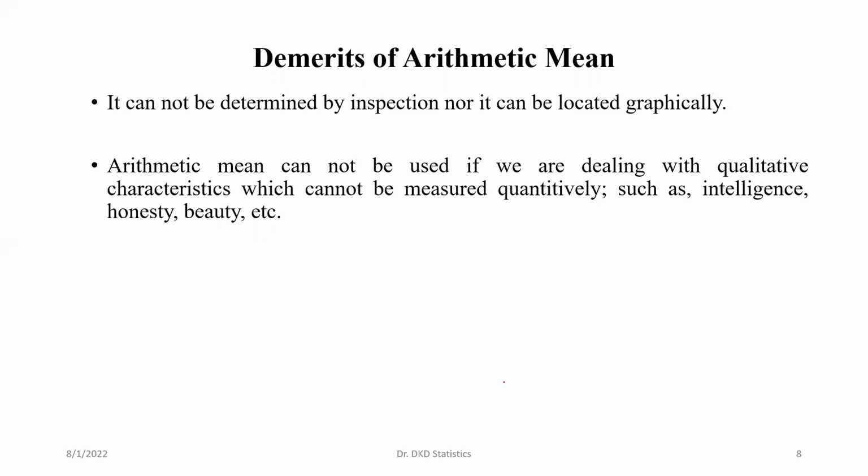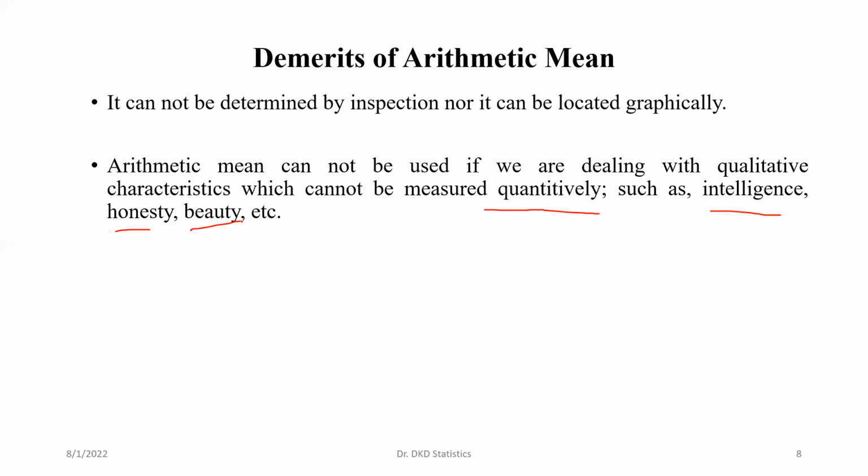Arithmetic mean cannot be used if we are dealing with qualitative characteristics which cannot be measured quantitatively, such as intelligence, honesty, beauty. Once we have quantitative information, we can calculate the arithmetic mean, but if qualitative information is given, we cannot calculate the mean.